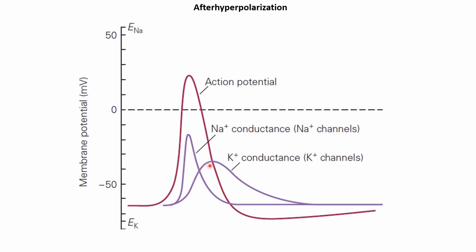So these potassium channels are still open at this point, and therefore the potassium ions keep on going out and the membrane keeps on becoming more negative. Because we have additional potassium conductance here, the membrane potential will go towards the equilibrium potential of potassium ions, so towards minus 75 millivolts, but not below that. And then as these voltage gated potassium channels gradually close, the membrane potential can return to the default baseline value.